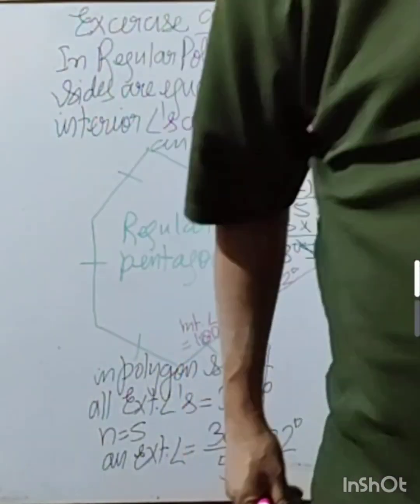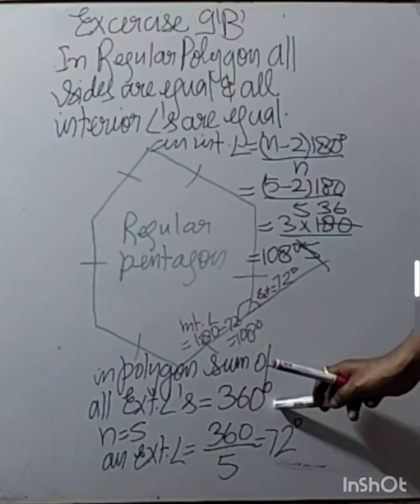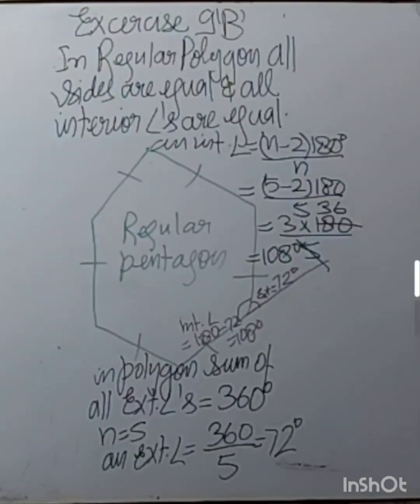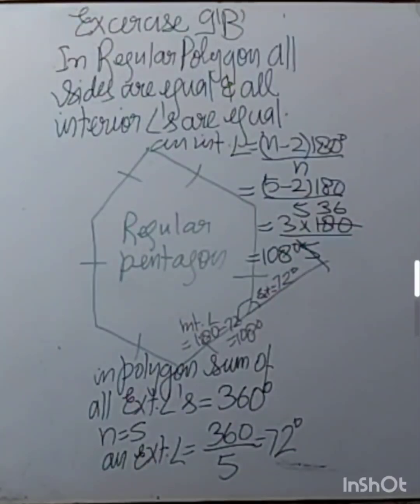Did you get it? Yeah. So we can do it by two methods. First is a universal method. I hope your teacher also told you that the sum of all exterior angles is equal to 360 degrees, right?